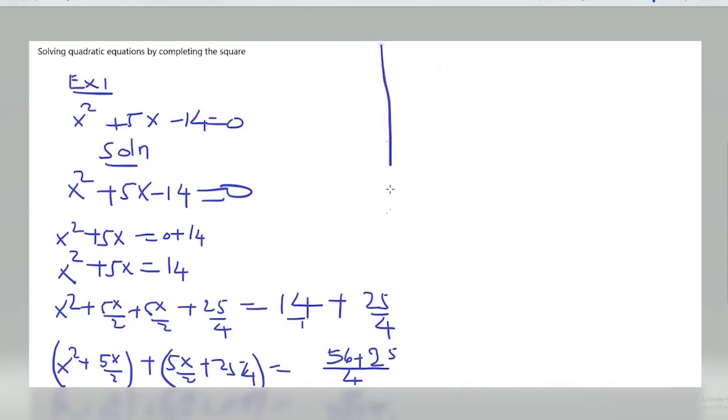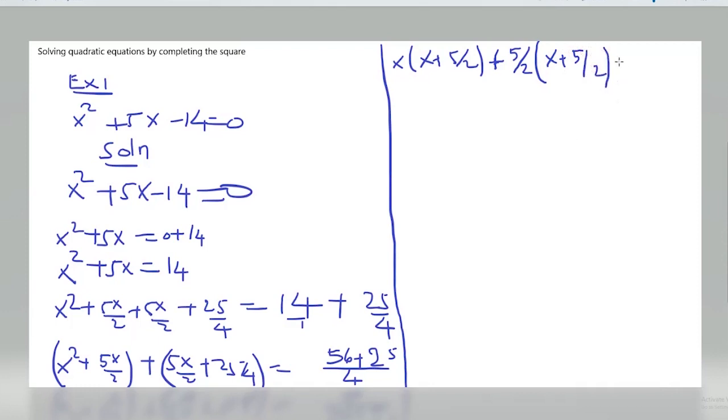Then I take x outside the bracket, so it will be x times x plus 5 over 2, then plus 5 over 2 outside the bracket, and inside the bracket x plus 5 over 2.